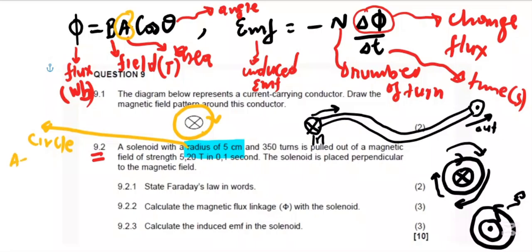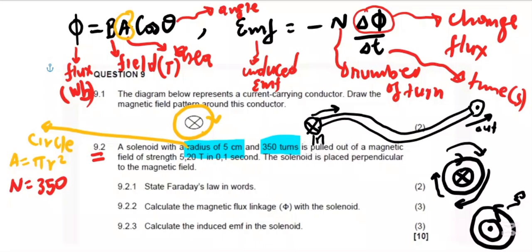The formula is area is equal to pi r squared for a circle. If it's a rectangle or square, we can use length times breadth. Then, 350 turns, which means N is equal to 350.